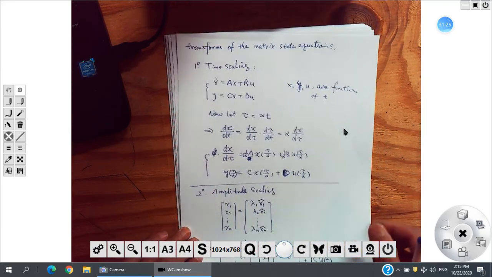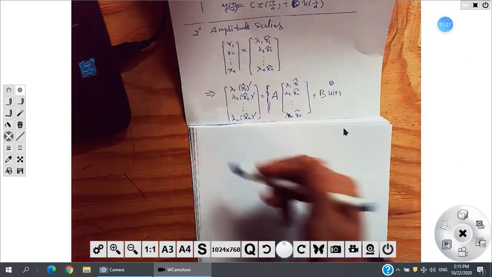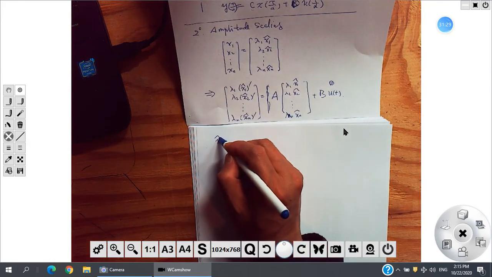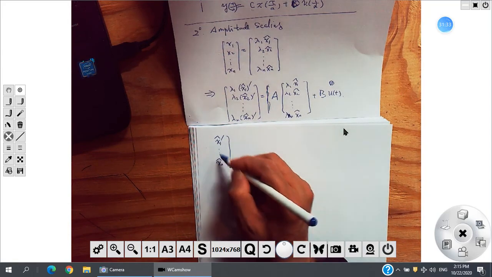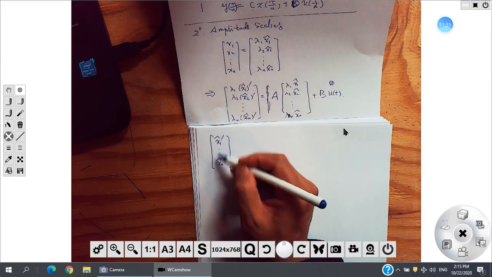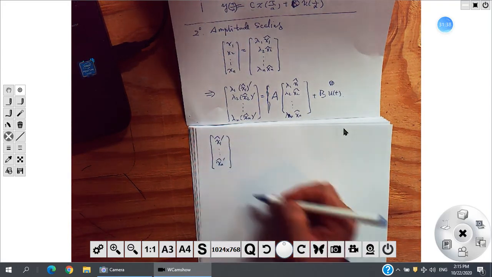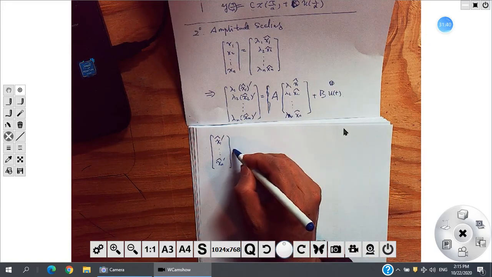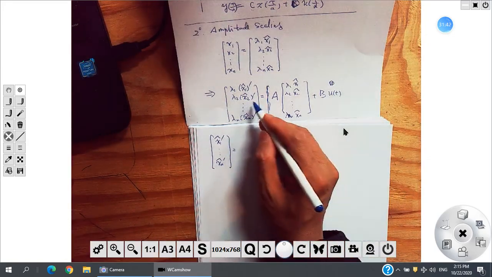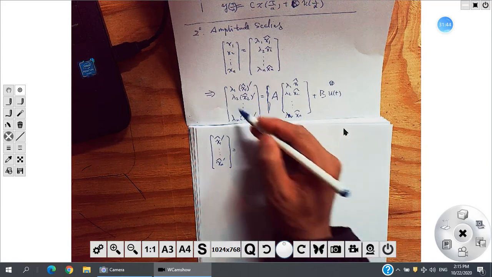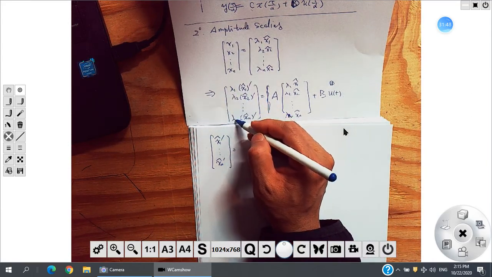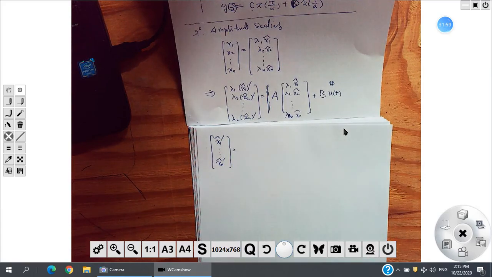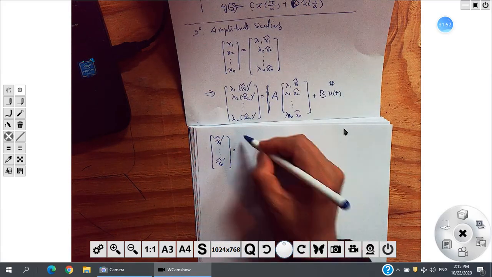Then by this way, if we want to go back to the standard form, we will have x1 hat derivative until xn hat derivative. We suppose the left side will only contain this column. Then this will equal to, I divide by lambda 1, divide by lambda 2, divide by lambda n in each row. I can write it in matrix form.